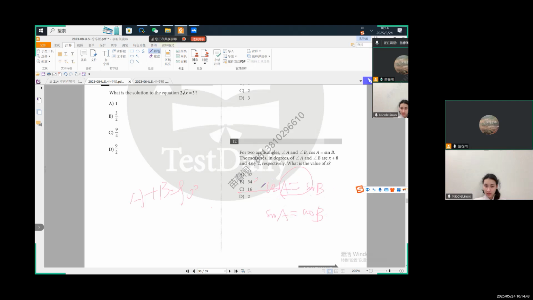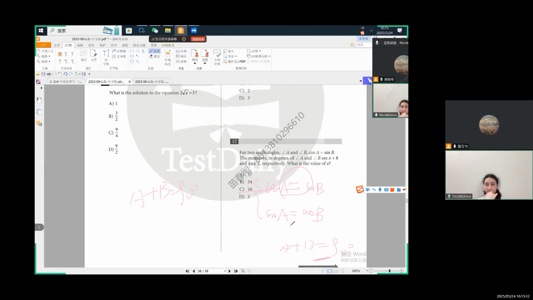Or, on the other hand, A plus B equals 90. That's another equivalence. So there's no angle equal to each other. There's only cos A equals sine B or sine A equals cos B. So it's only when I have the length over the length that they can be equal to each other, but angle-wise, they have to add together to 90.